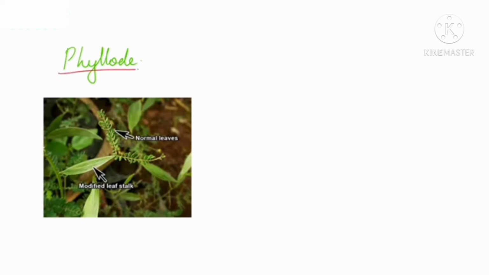And next is phyllodes. When the petiole becomes expanded into a green, flat, leaf-like photosynthetic structure, it is called what? Phyllodes.